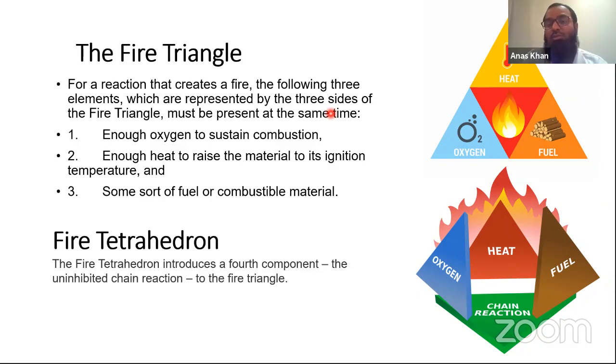So the problem is, we need to take action very fast in case of fire. Otherwise, the fire is not going to be extinguished. It will multiply very fast. The most important thing when you need to extinguish a fire: don't try it unless you are trained.